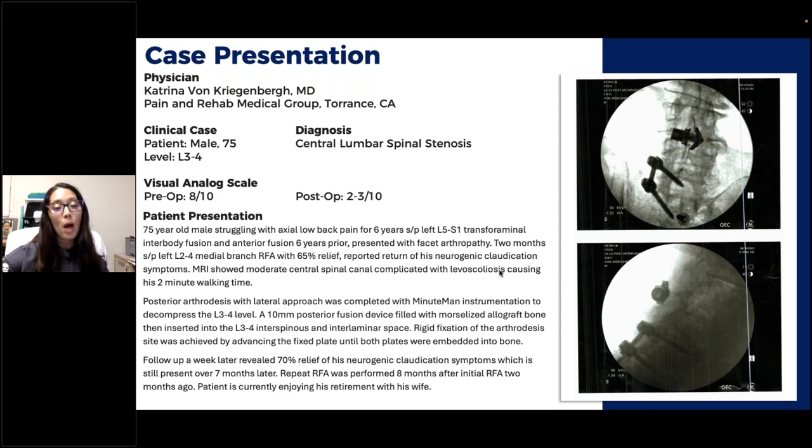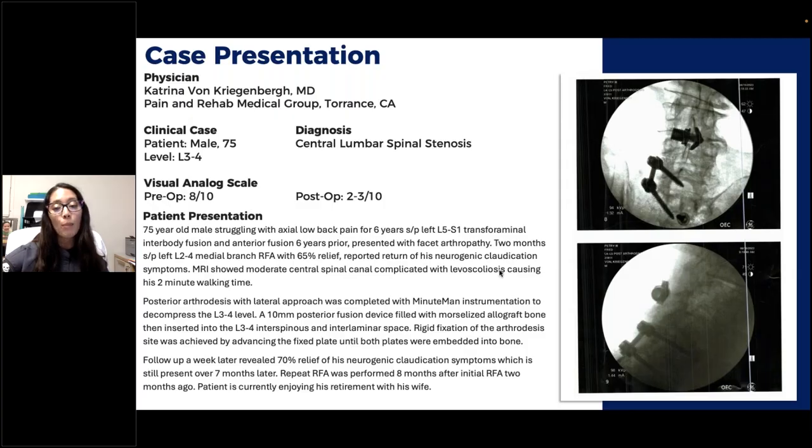Review of the MRI showed that it was kind of complicated in terms of he had several levels that actually could have been treated. And with his flexion and extension film, he actually had more instability at his L4-5.